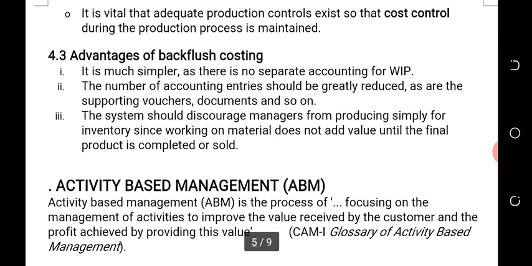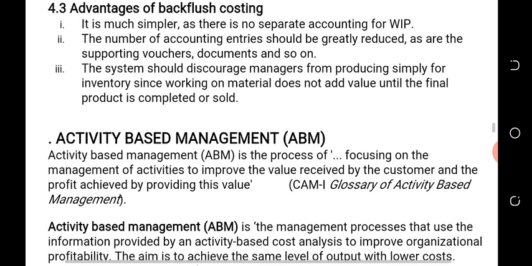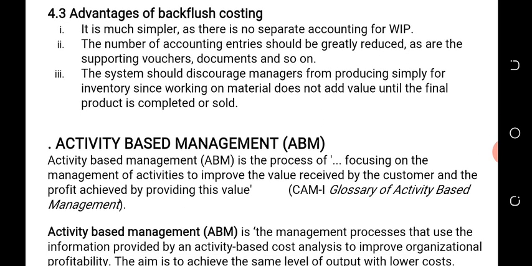Now, what's the advantage of Backflush accounting? It is much simpler as there is no separate accounting for work in progress. You know that in Backflush accounting, there is no separate accounting for work in progress. So it's very easy to compute, unlike the conventional techniques.